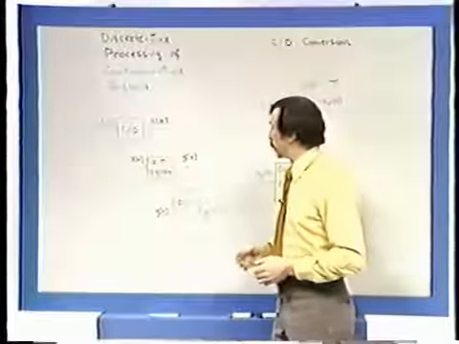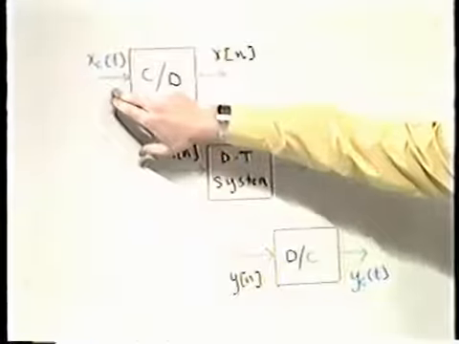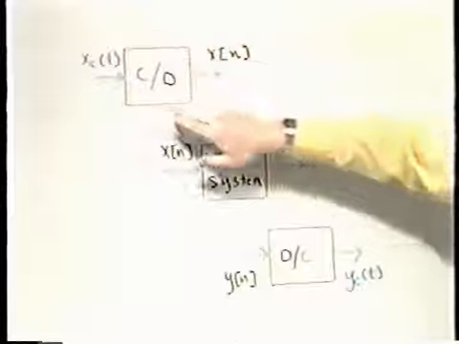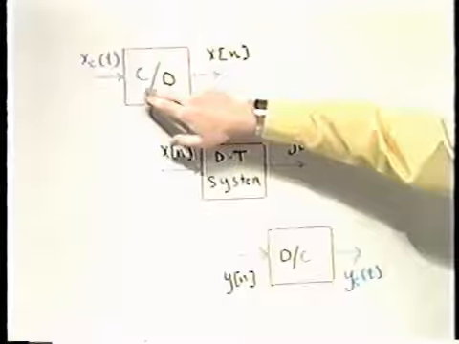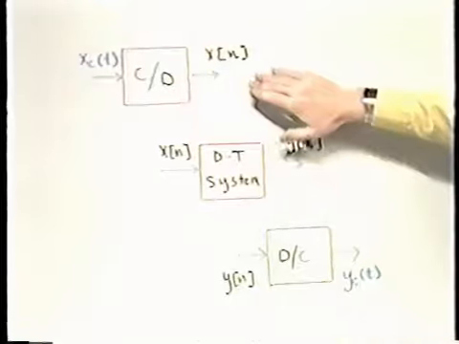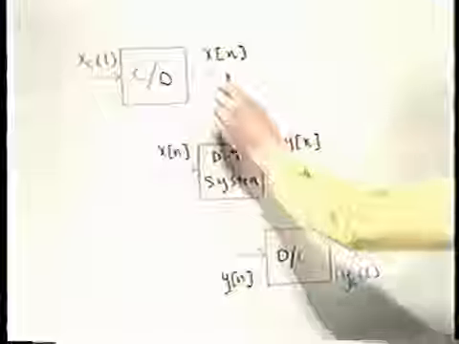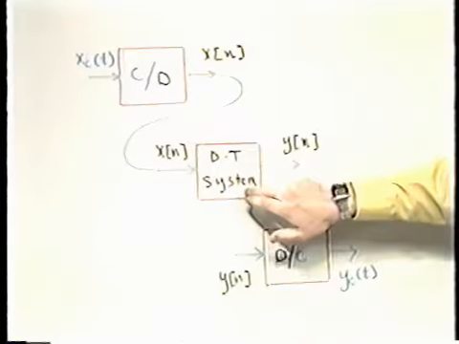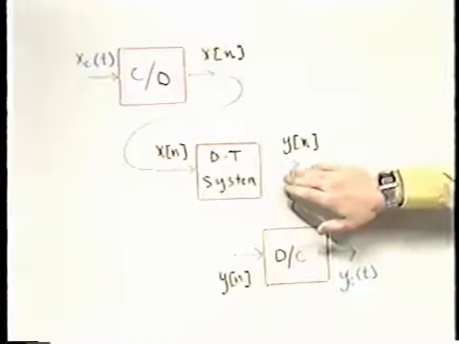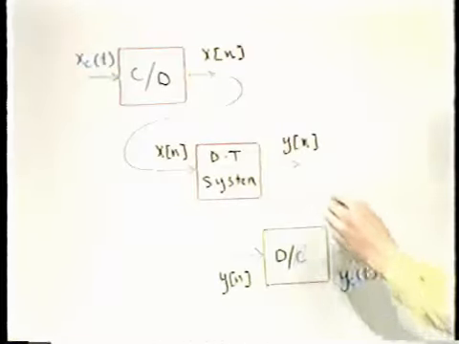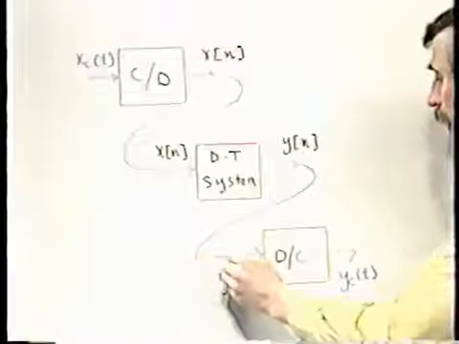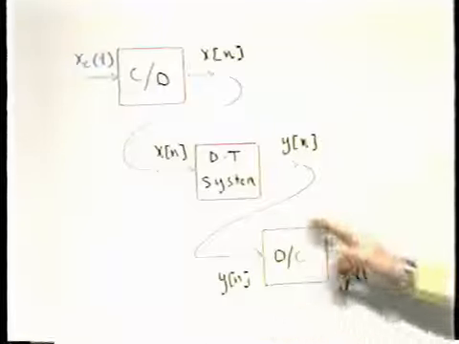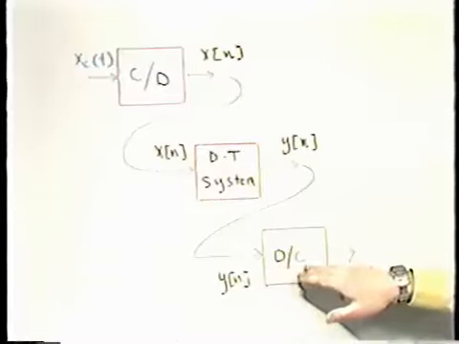The idea was that we convert from a continuous time signal to a sequence through an operation which I represent as a continuous to discrete time converter, and then that sequence is used as the input to an appropriate discrete time system, and after appropriate discrete time processing, that sequence is converted back to a continuous time signal through an operation which I label as a discrete to continuous time converter.